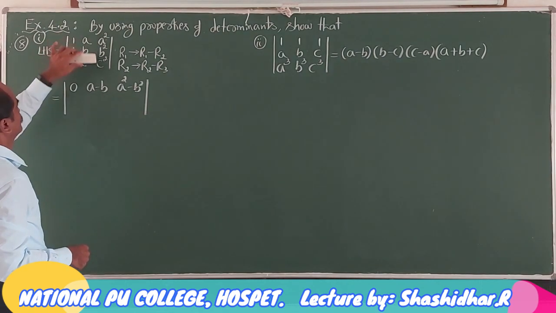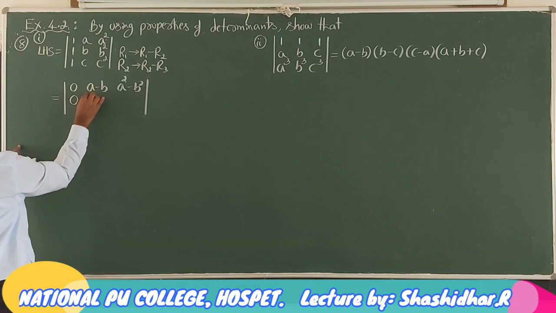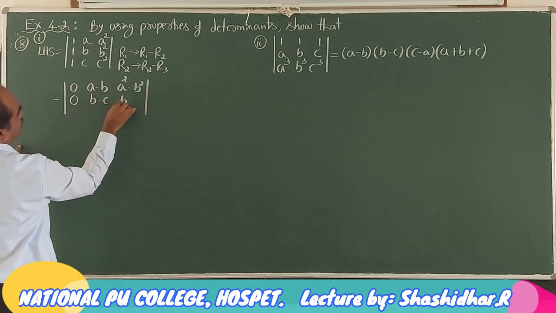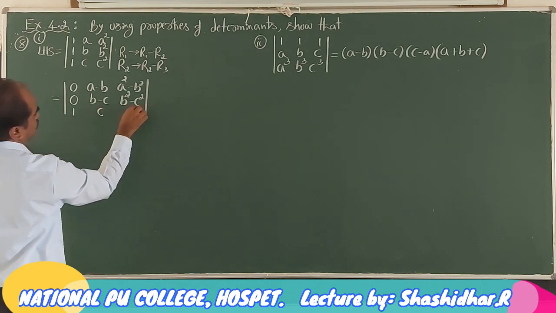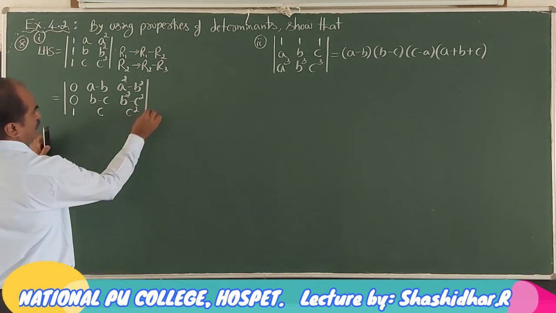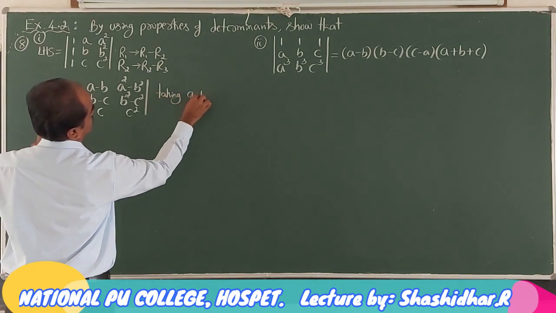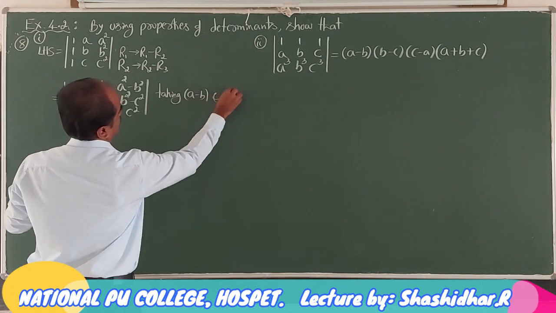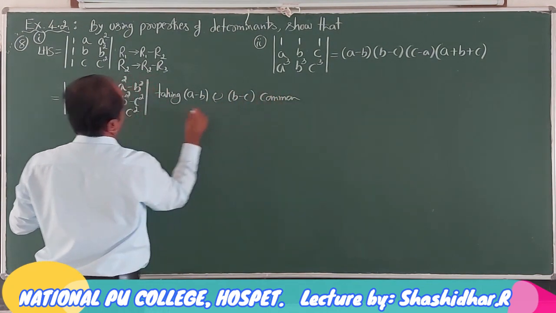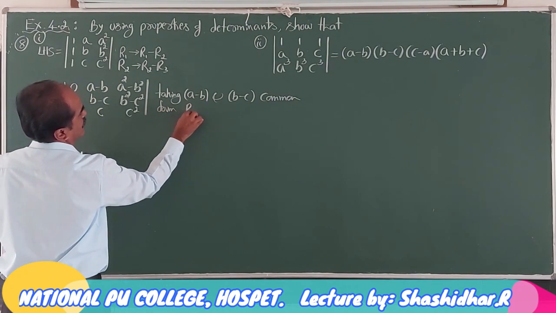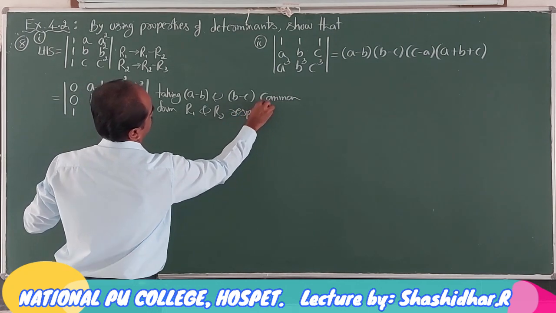This is R2, this is R3, R2 minus R3, 1 minus 1, 0, b minus c, it is b square minus c square. Write third row as it is, 1 c, c square. Now I write taking a minus b and b minus c common from R1 and R2 respectively.